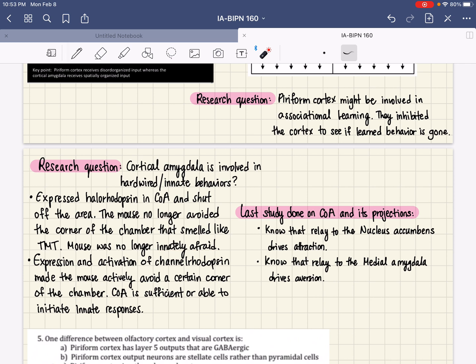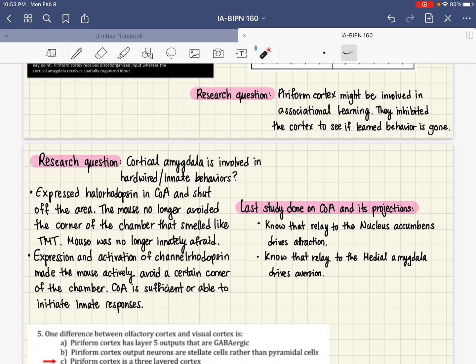So this type of experiment, hopefully you're already catching on to the required/sufficient experiments. This kind of experiment told the researchers that the cortical amygdala is indeed required for the mouse to be innately afraid of TMT.